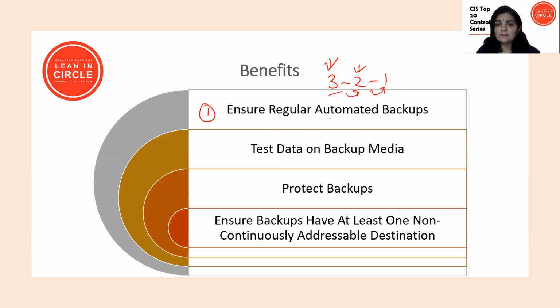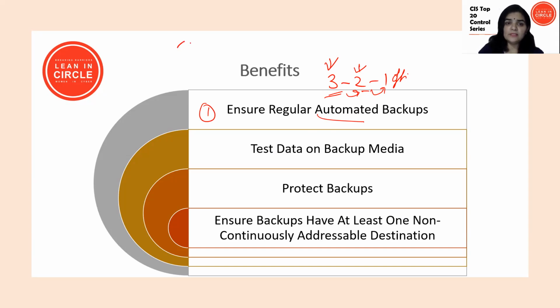So all the automated backups you store in a 3-2-1 fashion. 1 will be the offline one, 2 means 2 different media where you store, and 3 means 3 copies you create, so that you have better availability of your information.